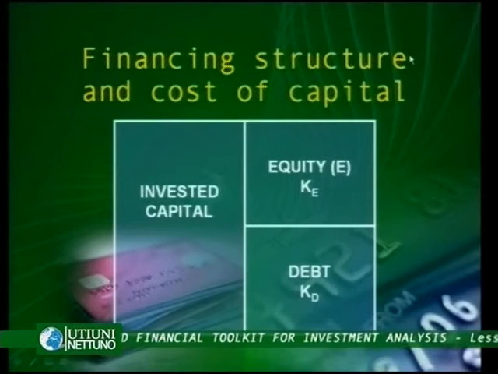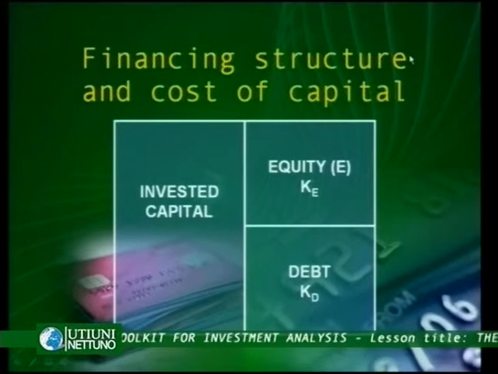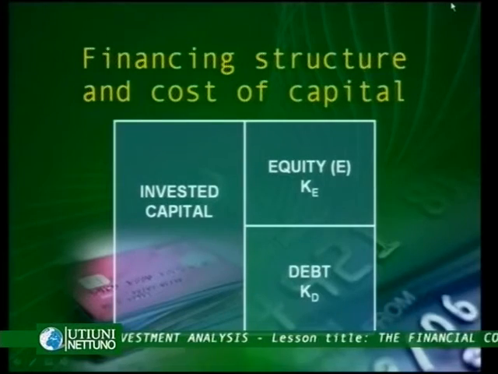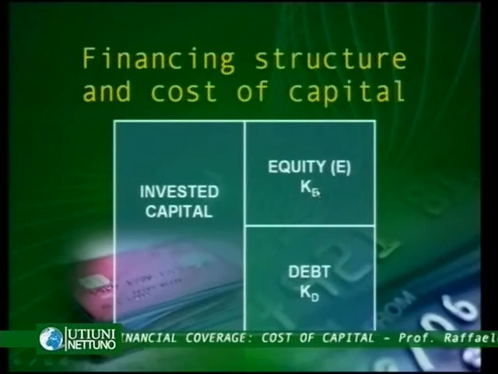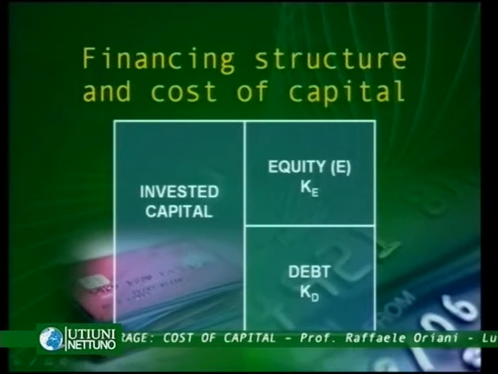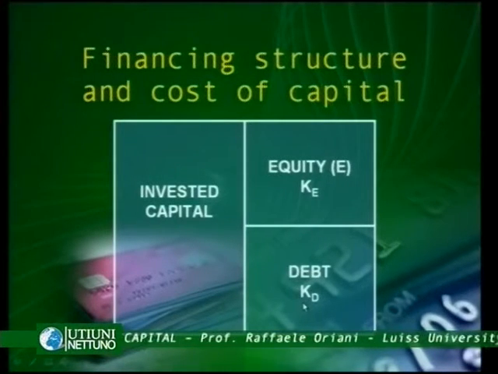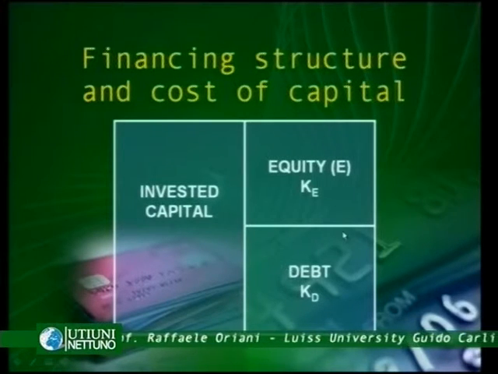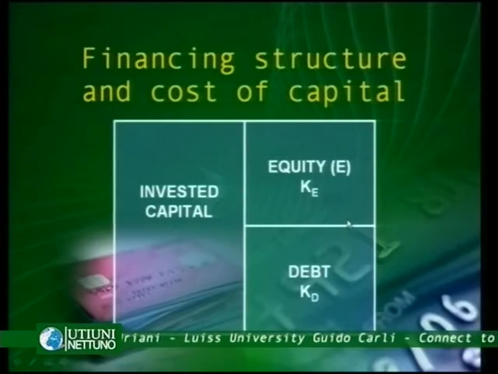As we can clearly see from this slide, the cost of capital that the firm has to sustain in order to raise the needed capital for the project will depend on KE, the cost of equity, KD, the cost paid for debt financing, and clearly the proportion of equity and debt, because the proportion of equity and debt will affect the relative weights of KE and KD on the total cost of capital, as we'll discuss in a more formal way in this lesson.